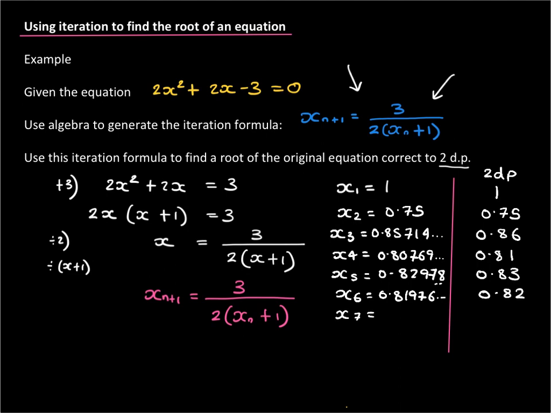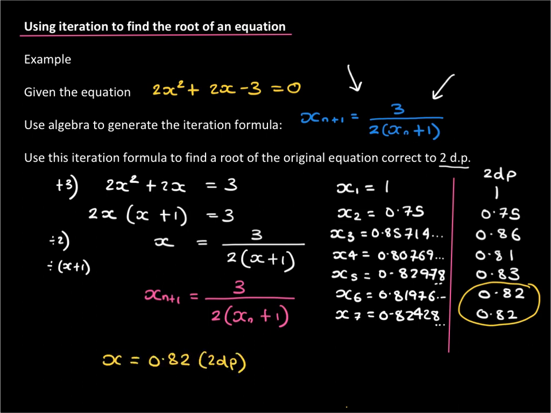And then x7 is 0.82428, which is 0.82 to 2 decimal places. So at this point, we have two consecutive values which agree to 2 decimal places. So I'm going to say that my answer is x is 0.82 to 2 decimal places.